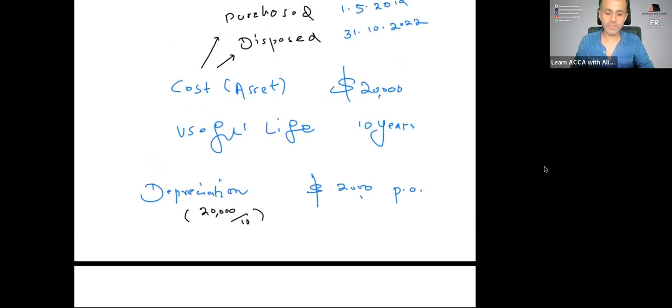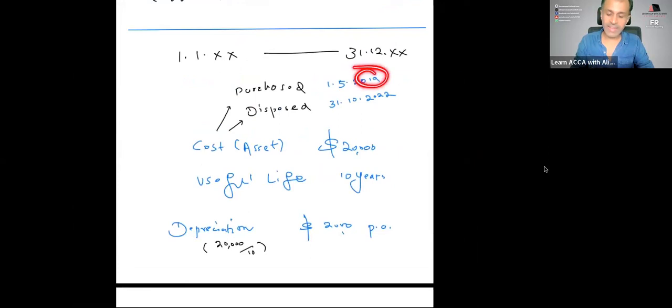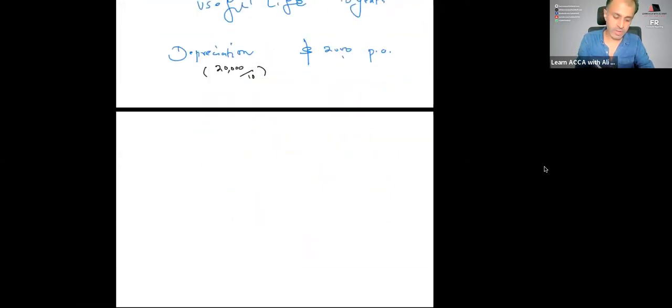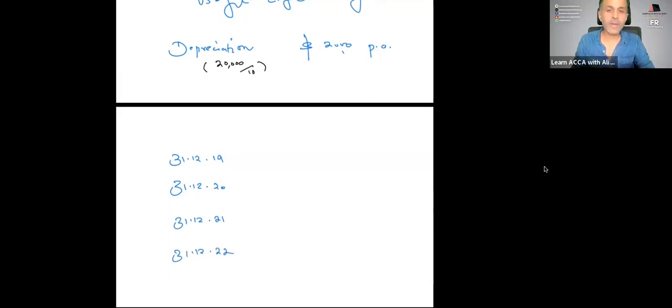Now, the years of concern are 2019, 20, 21, 22. So the year ends on December 19, December 20, December 21, December 22.